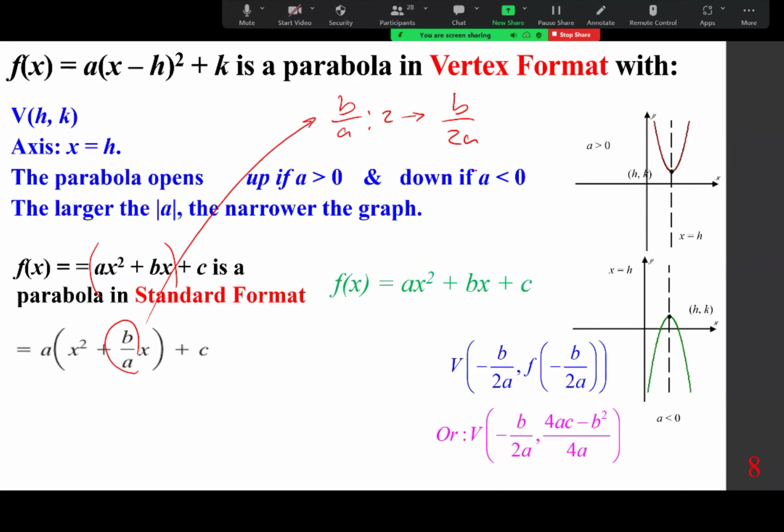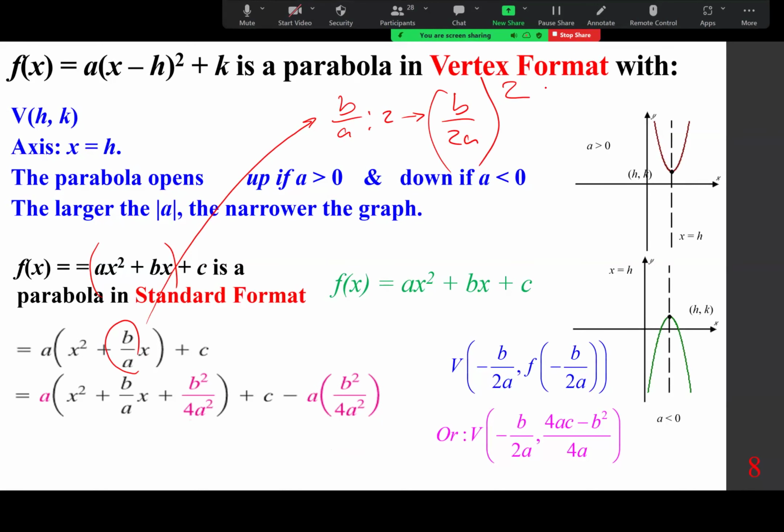And then we need to square that. We get b squared over 4a squared. And to undo that, you have to subtract the product of these two. That's why we have this.